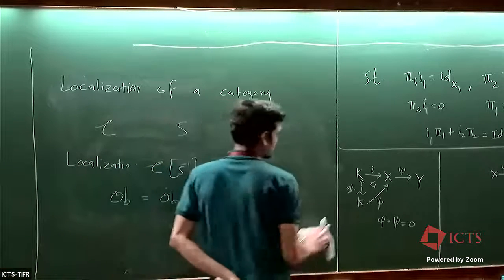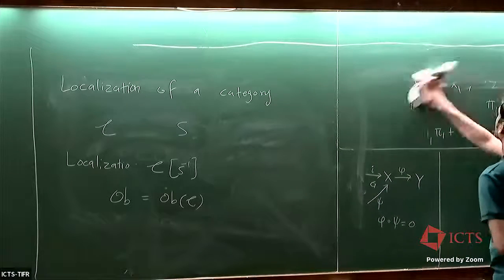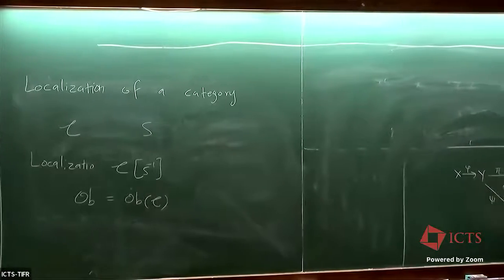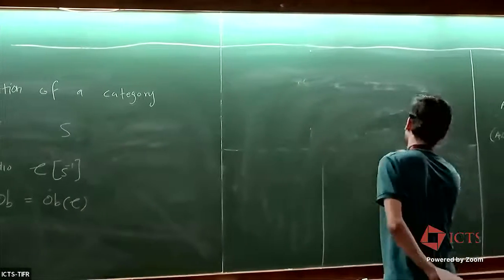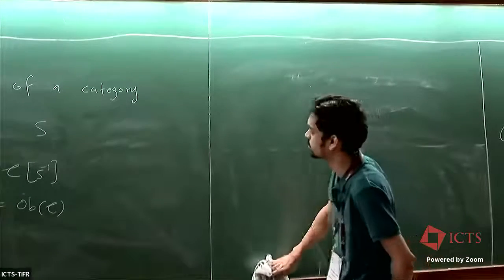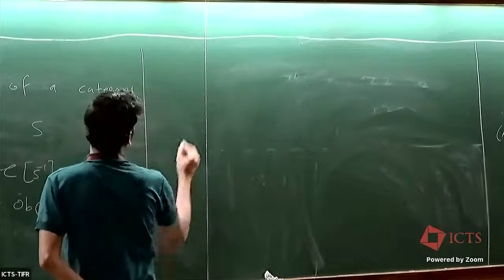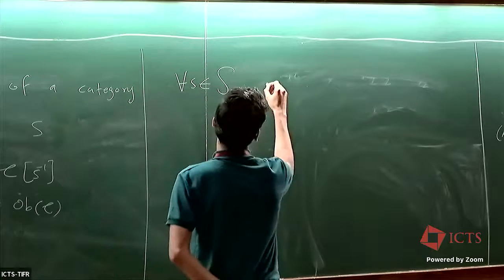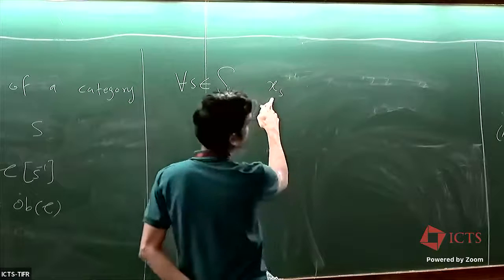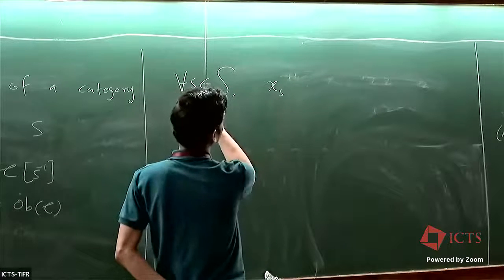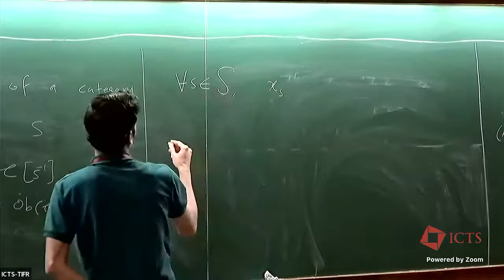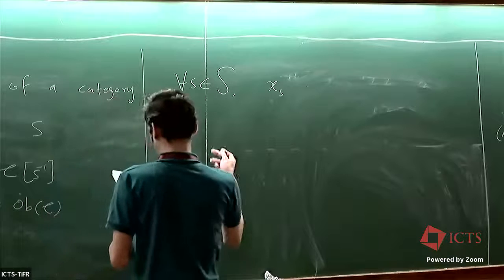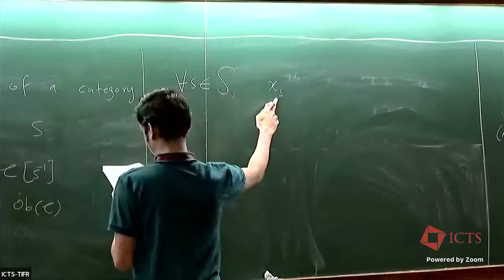The morphisms that are already present in C, we want to preserve them, and we want to add the inverses of elements of S. So for every morphism small s in S, we formally add a variable. Think of this as the inverse of this morphism s. So this is the construction. For every s, we have a variable x_s.